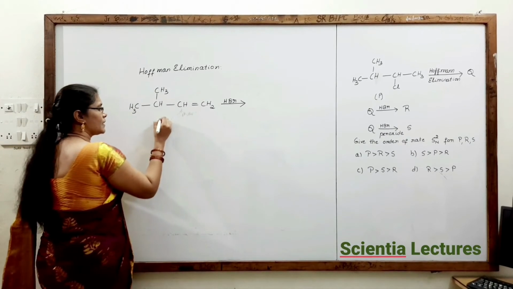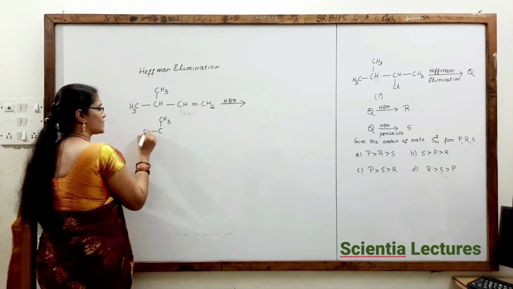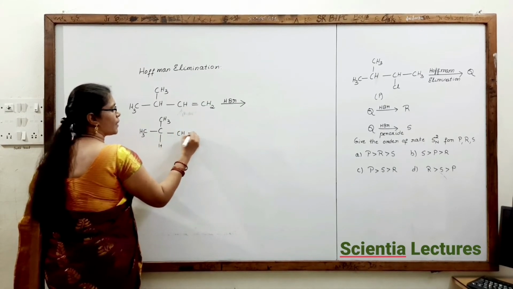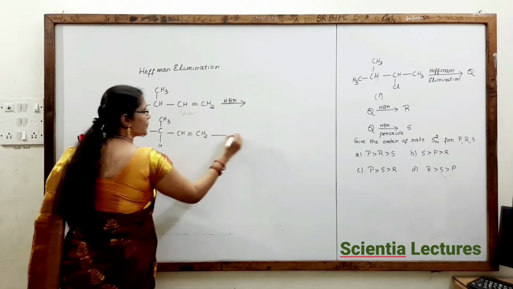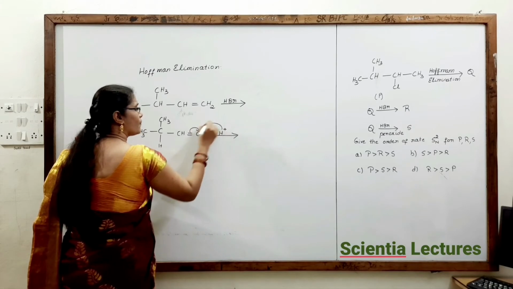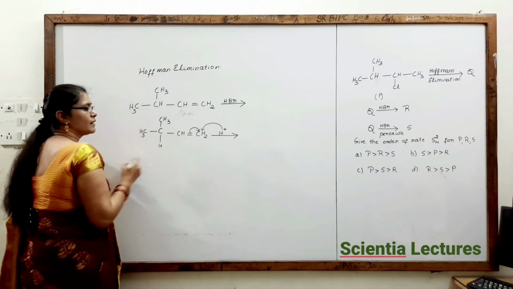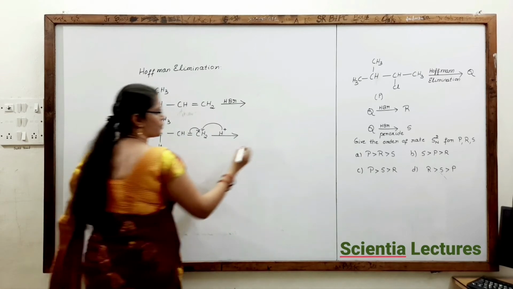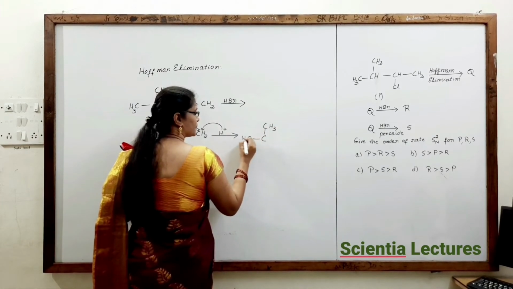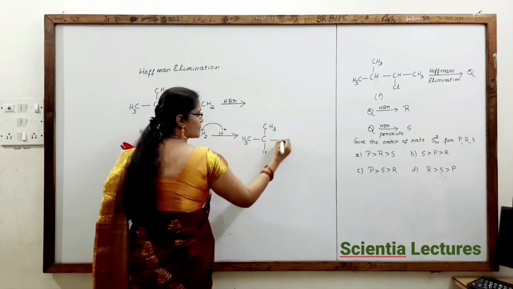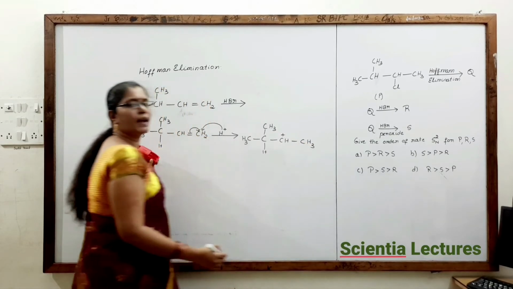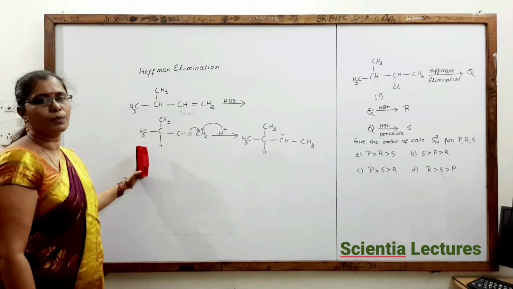So here we can see CH3, CH3, H bonded to CH double bond CH2 in the presence of H plus. When this is attacked by H plus, we will get a carbocation. This carbocation is produced as a reaction intermediate and it is a secondary carbocation.